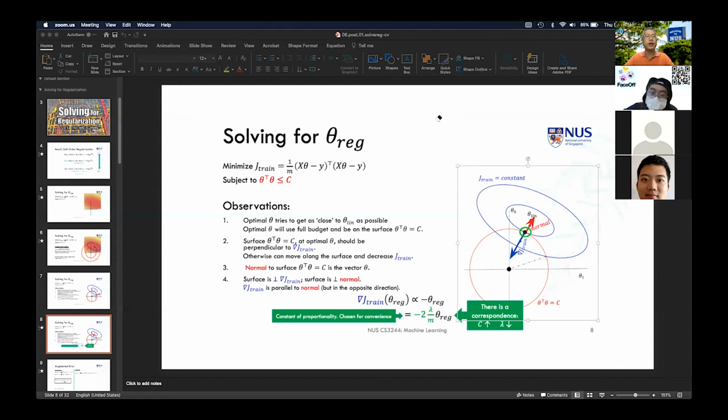I think I understand the pictorial representation of it, but I'm kind of confused. What are these terms here? The gradient of J train of theta regularization is proportional to the negative of theta regularization. I think this is just notation that you want to understand for how much regularization you want to put in.